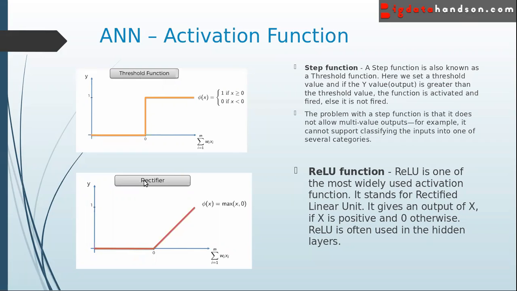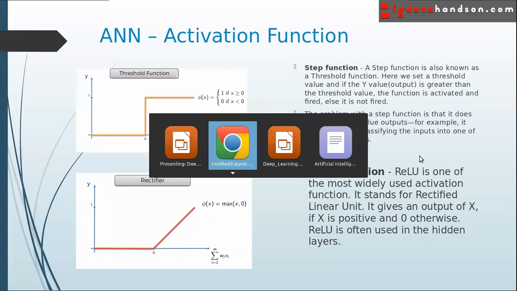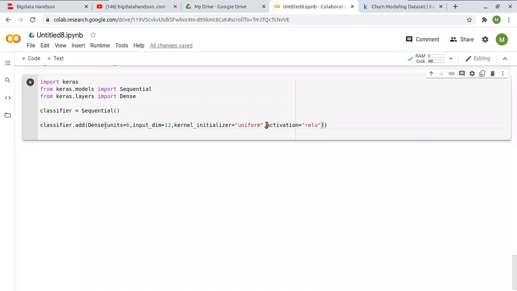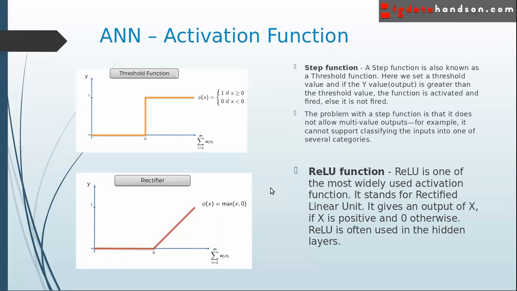And we have the rectifier linear unit function. That's what we have given here in our model. You can see in the first layer we have given activation as relu. That means we are using the rectifier linear unit function. It will fire the neuron when the value is greater than 0. When it is a positive value, it will fire; otherwise the value will be 0.